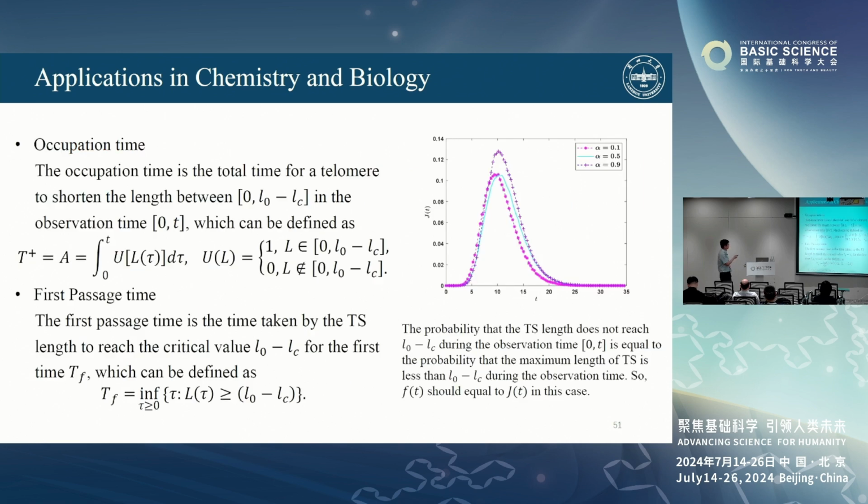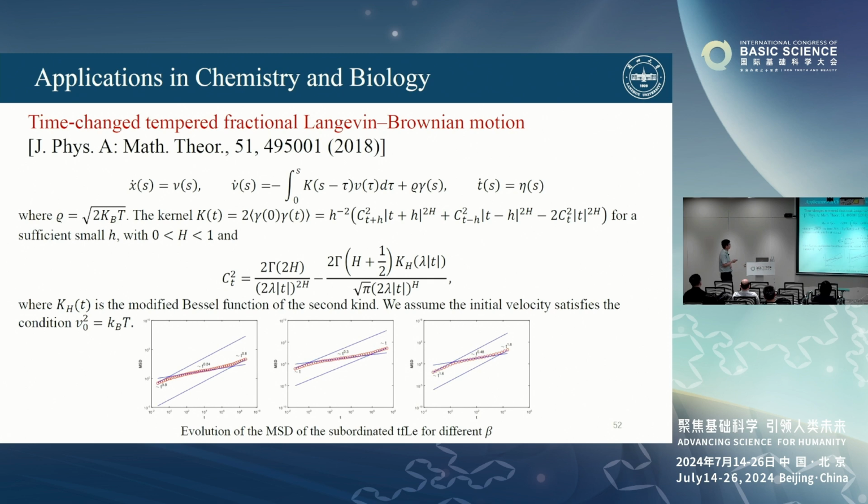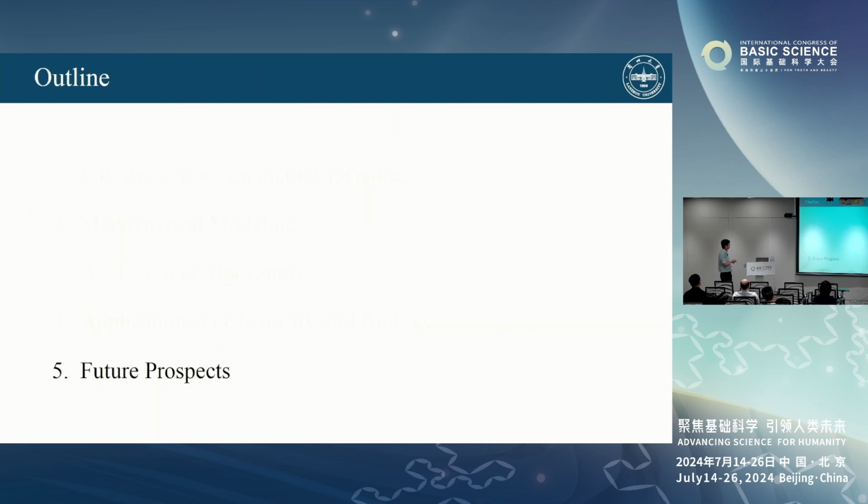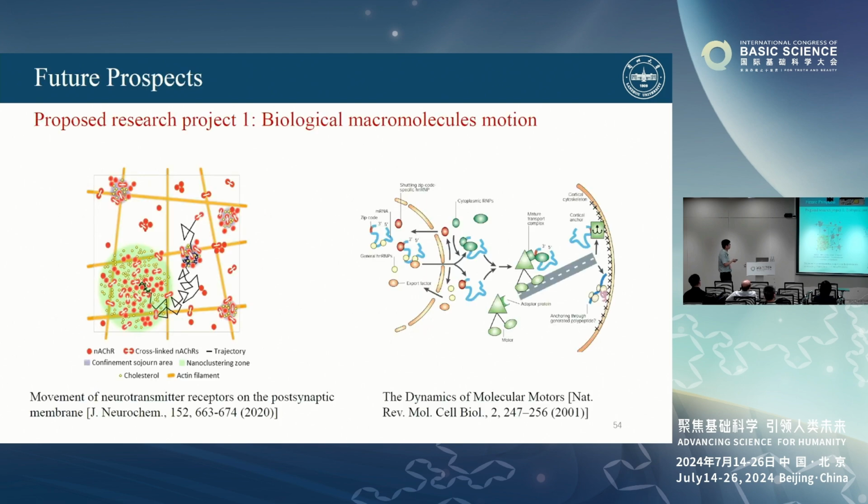We calculate some statistical observables, for example occupation time and first passage time. Another one is that we can also do the time-changed Langevin motion. We can also use our method to do some simulation. Those are all our future works.